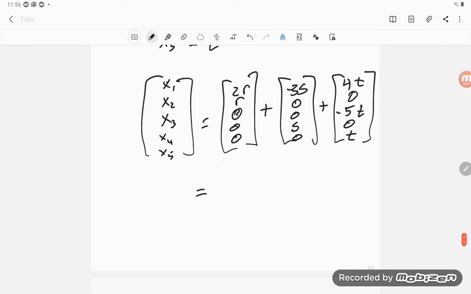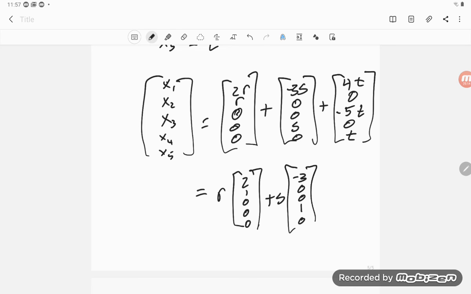So this I can write as the linear combination of R times 2, 1, 0, 0, 0 plus S times negative 3, 0, 0, 1, 0, and then plus T times 4, 0, negative 5, 0, and 1.